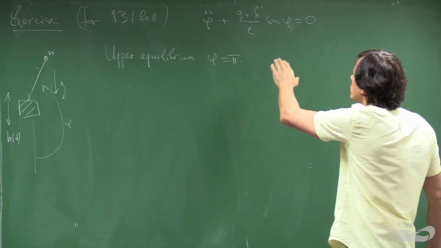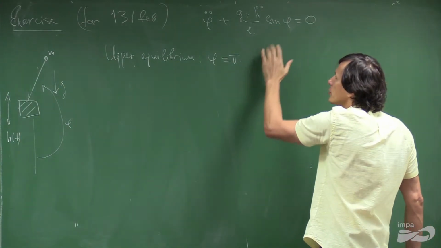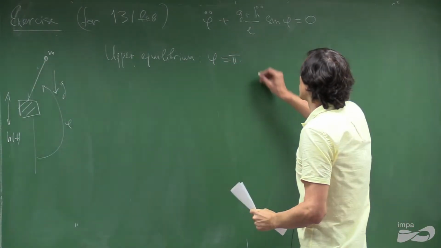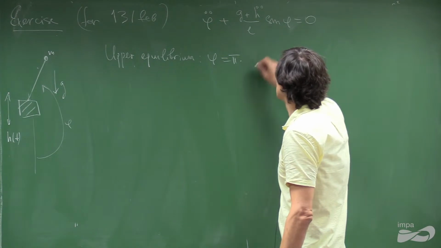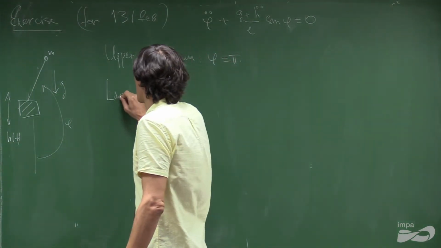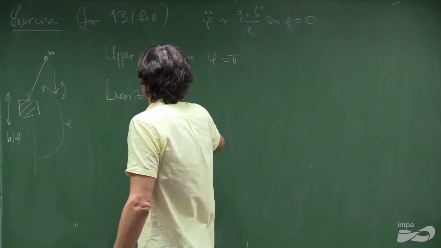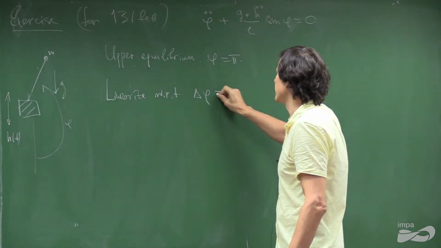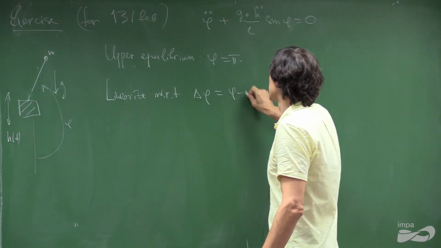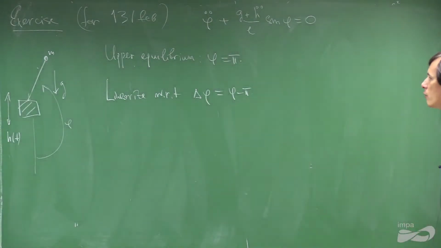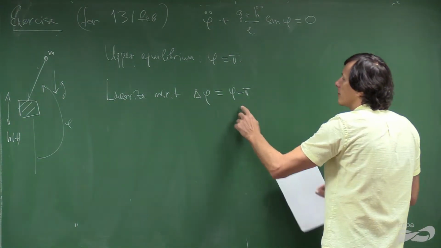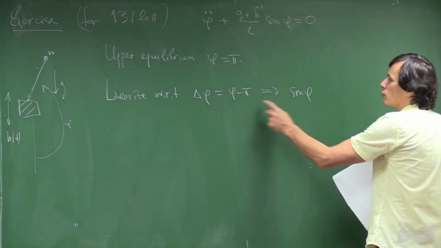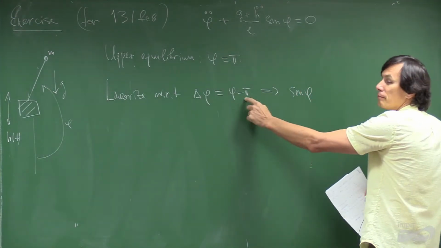So we take the usual pendulum equation and consider it around the upper position. Then we have to linearize with respect to small deviation. When you take small deviation, sin phi you have to expand not around 0 but around pi.